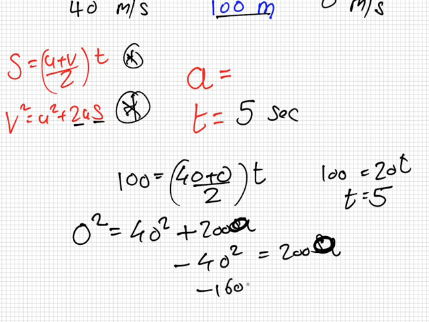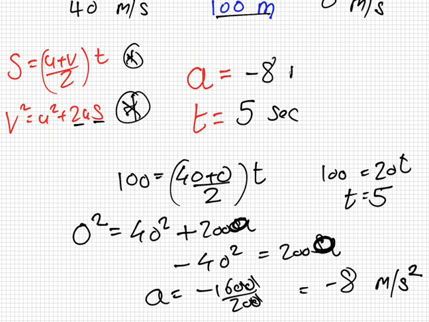Minus 1600 over 200, that's the A. Well, that's kind of nice. That means it's minus 8. Oh, sorry, I left the 0 on the top. Minus 8 meters per second squared. Yeah. So the A here is minus 8 meters per second squared.